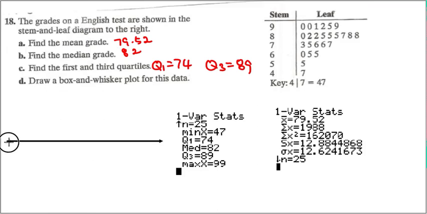So I'm going to draw this one. The minimum is 47, and then it goes all the way up to 99.